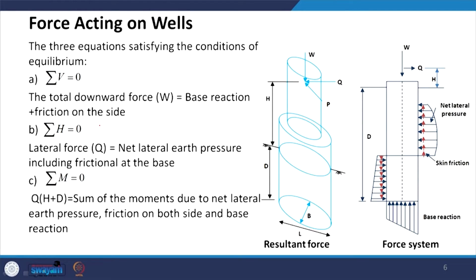The well is embedded inside the soil. This is ground level and D is the depth of the well. From the depth of the well, the point of action of the forces has height H. So, the total height from the base of the well to the point of action is H plus D.